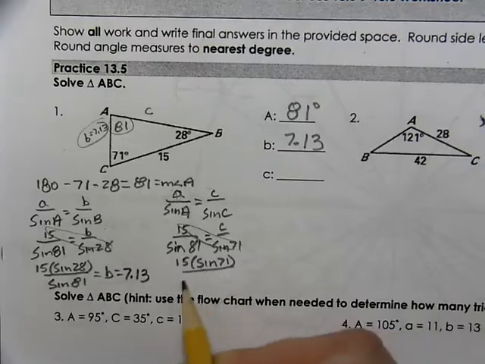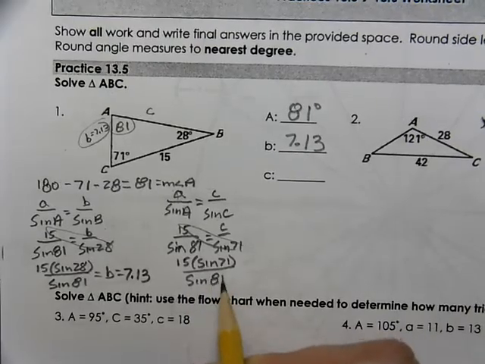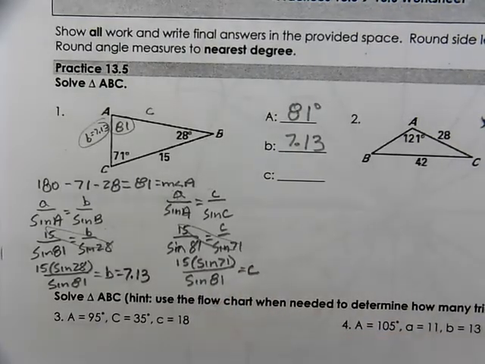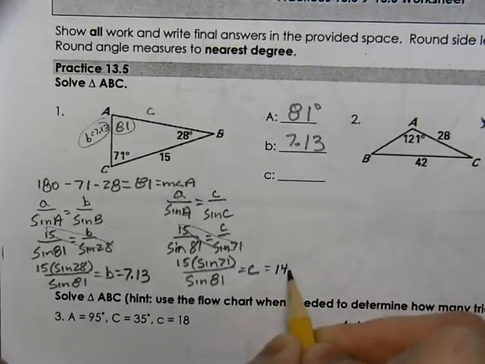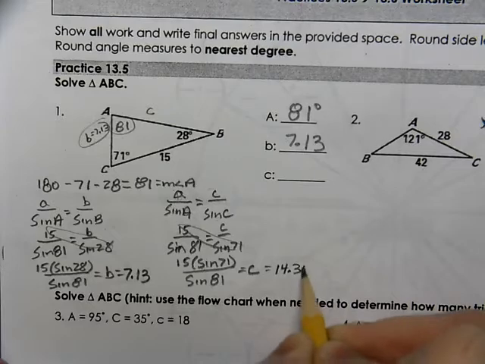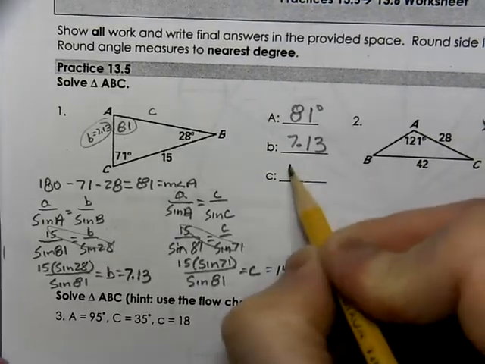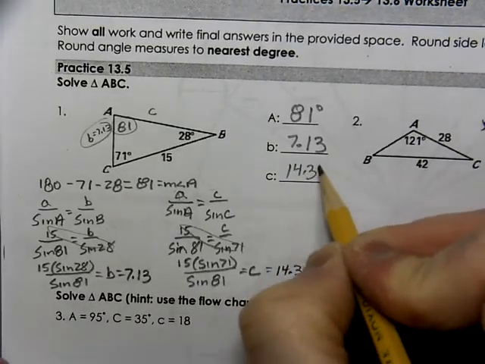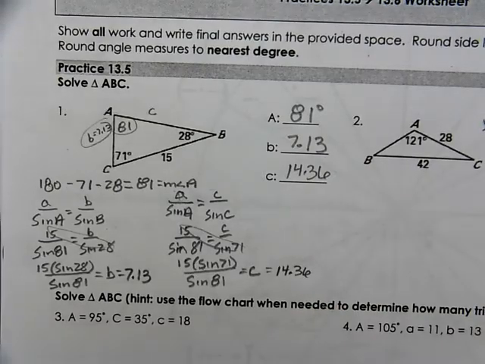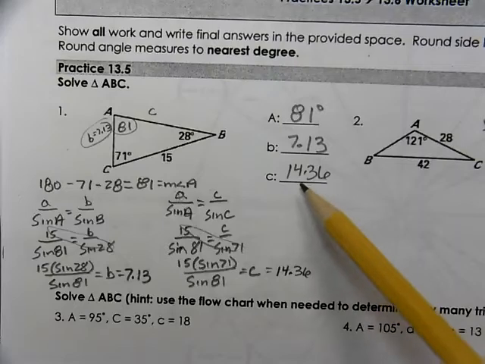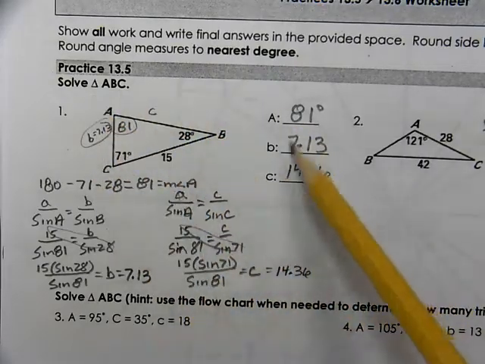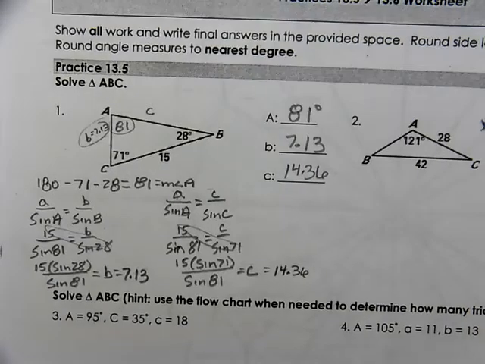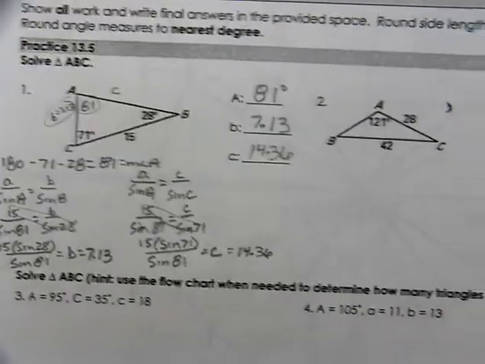Cross multiply, and that equals our C, and that'll come out to be 14.36. So here we have solved our triangle ABC for all the missing information.